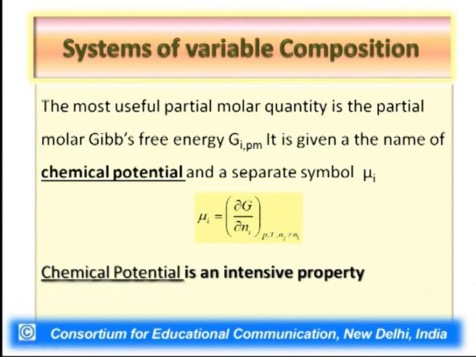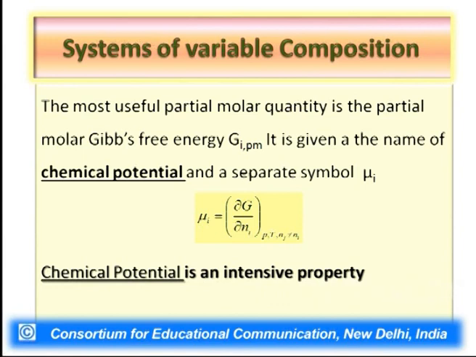So, today we also learnt about chemical potential. Chemical potential of any chemical species in a mixture is nothing but the partial molar Gibbs free energy. Here mu i is the symbol for chemical potential, which means the chemical potential for component i in a mixture where a number of components are present.